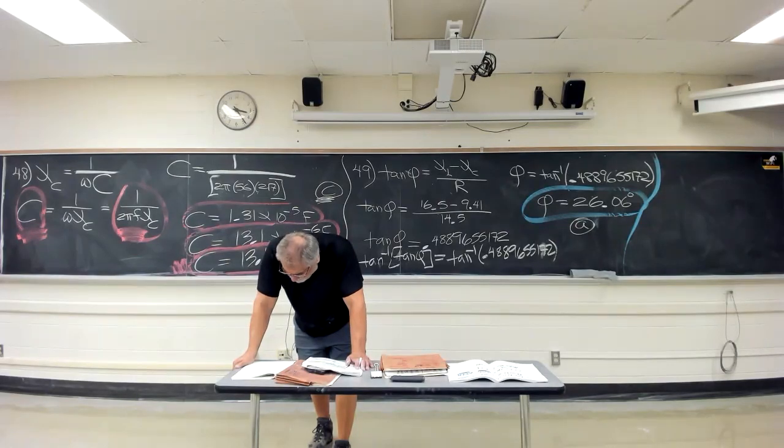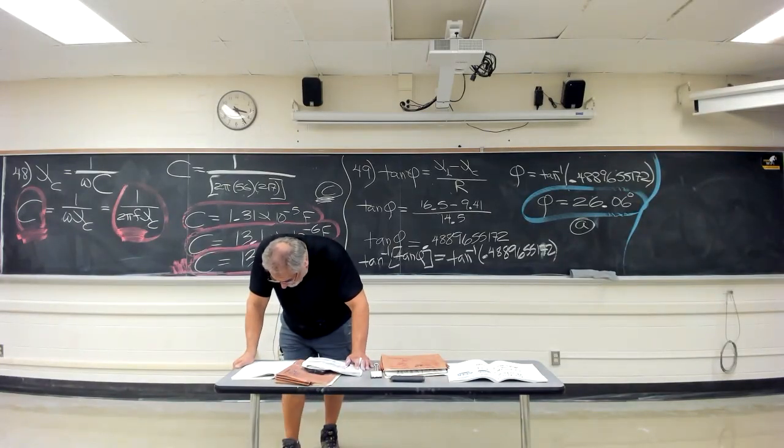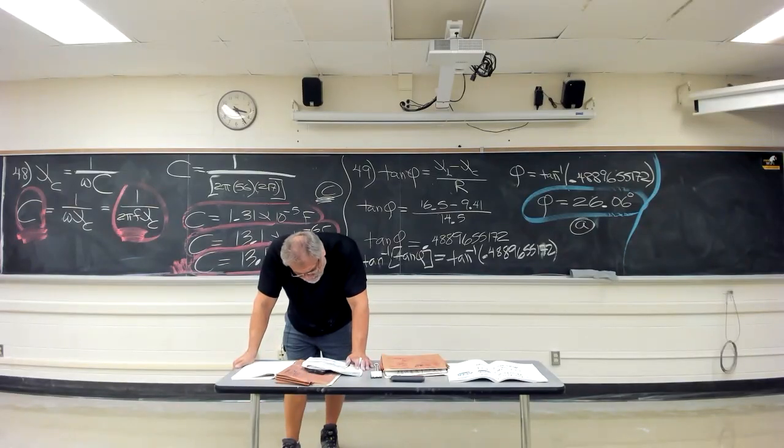The resistor is 30.0 ohms, the capacitor is 1.22 microfarads, and the inductor is 154 millihenries. What frequency should be used to create a resonance condition in the circuit?